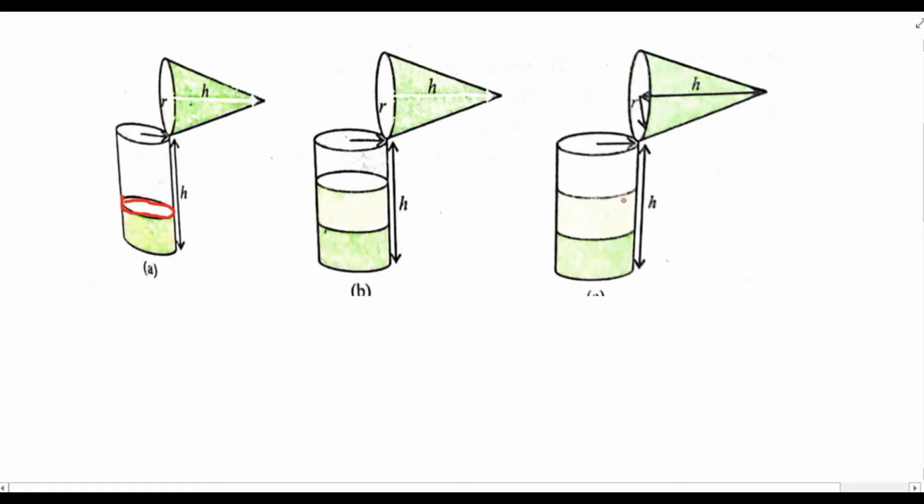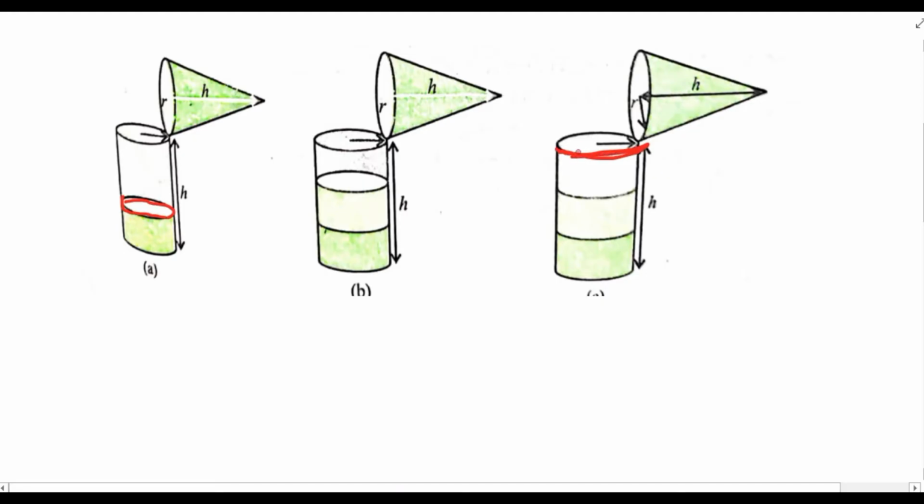So now also we can see that the cylinder is not full, only a part of it has been filled. Now the third time, when the cone is filled up for the third time and it is emptied into the cylinder, you can see that the cylinder is also full up to the brim.